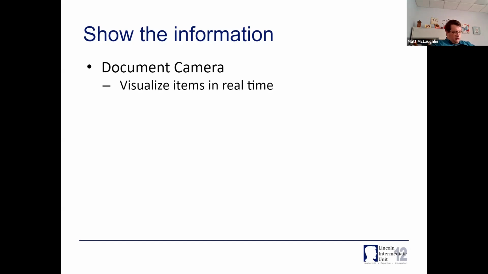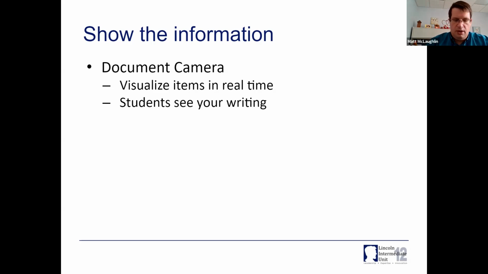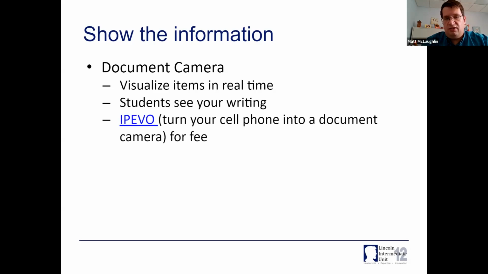One of the things that I read that you said was your concern about visualization, about students getting the hands-on work. They can follow along with a document camera much more efficiently. But what if you don't have a document camera and students don't get to see your writing?